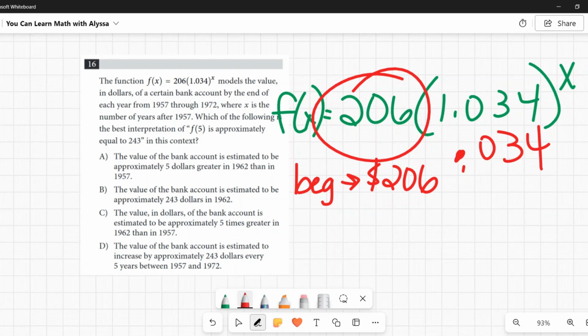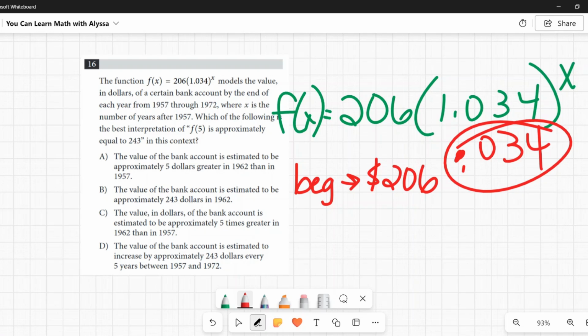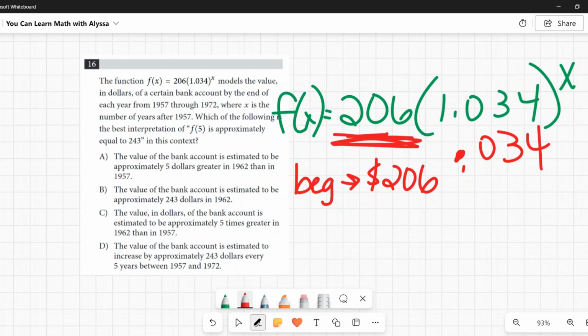I wouldn't get the actual amount that's in the bank account, right? I would just get, oh, you earned this much money. Like when you get your bank statement, it would say, you earned this much in interest this year. That would be if I multiply by just 0.034. But when I multiply by 1.034, I get the opening amount of the bank account plus that extra interest.